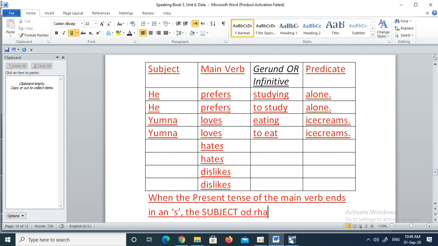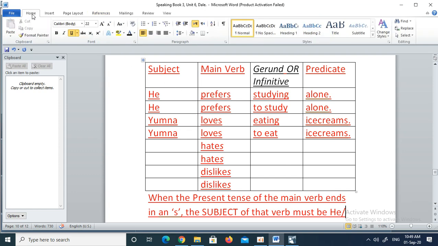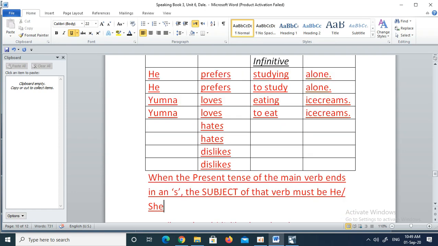subject of that verb, he, the subject of that verb must be he, she, or it, or the equivalent.